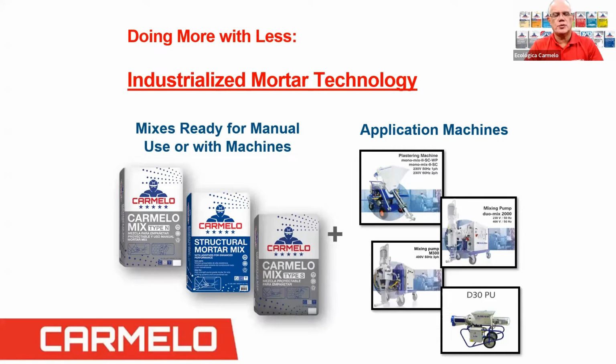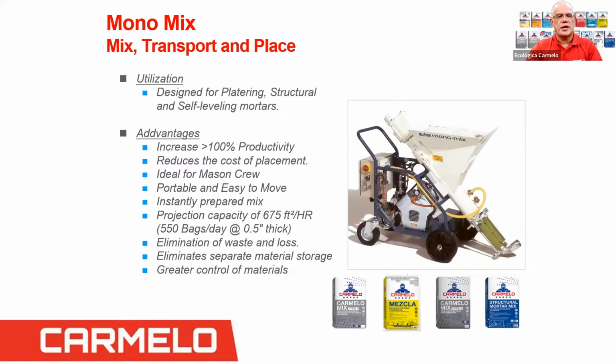We'll discuss some of those later on, but the main thing is once you add the machine with these mortars, you're going to really save more time, because let's say you're using the mono mix here, you can do projection of up to 675 square feet, or let's say 550 bags per day when you use a half inch thick mortar, right? So you're eliminating losses there as well. These machines come with a 30-foot hose, and you're projecting to the wall or the ceiling.